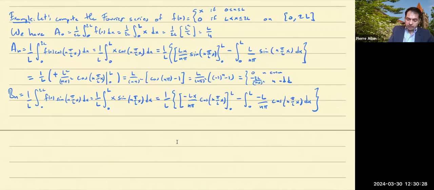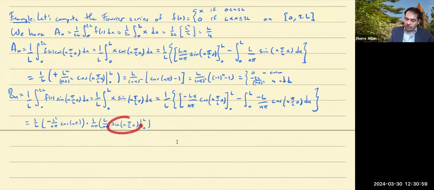Okay, and so that gives us 1 over L, minus L squared over n pi cosine n pi, plus 1 over n pi times the integral of this cosine, so that's L over n pi sine of n pi over L x evaluated between 0 and L. Right?